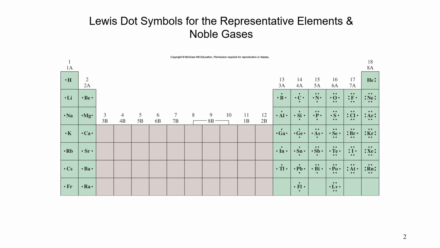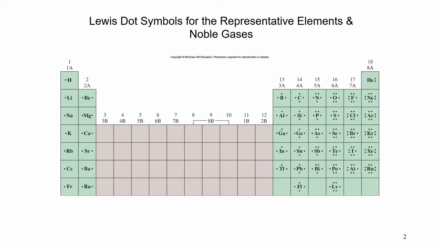So we can write Lewis dot symbols or structures for individual elements, and all we do is write the symbol of that element, hydrogen for example, and then we use dots to indicate the valence electrons around that symbol.